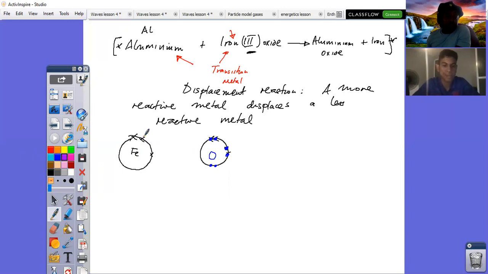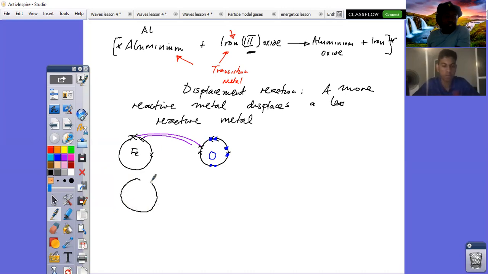So it can grab this and this here. I will draw them as they have come from iron in X's form. That leaves me with what? One electron.